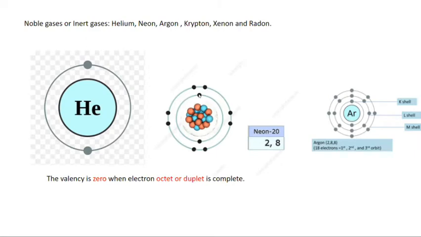Now the remaining electrons revolve around the nucleus in the second shell. So 8 electrons are present in the second shell, means L shell. So the electronic configuration of neon is 2, 8. The first number is for the first shell and the second number for the second shell.